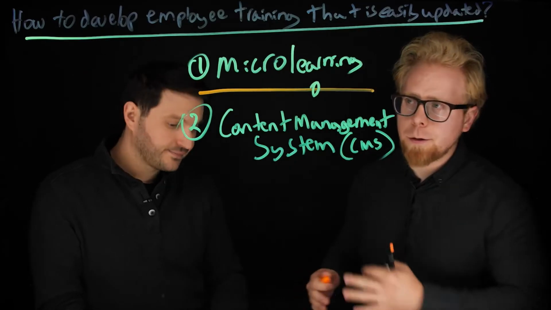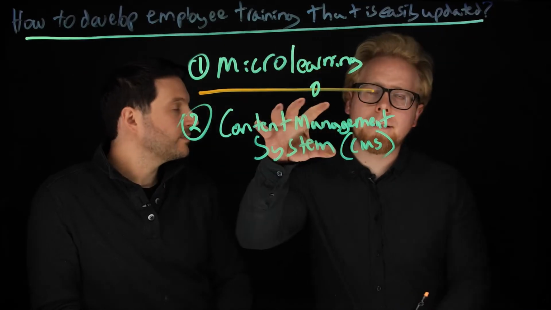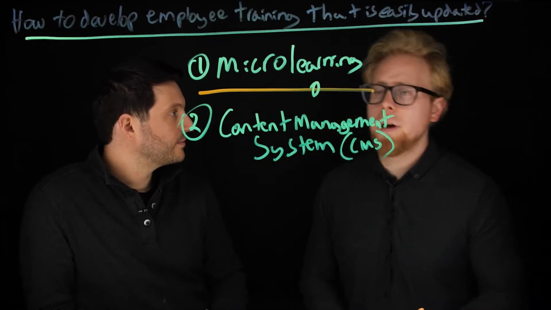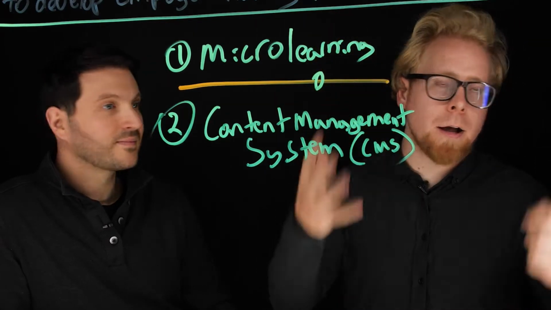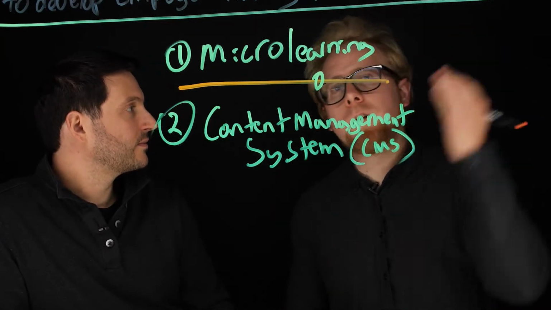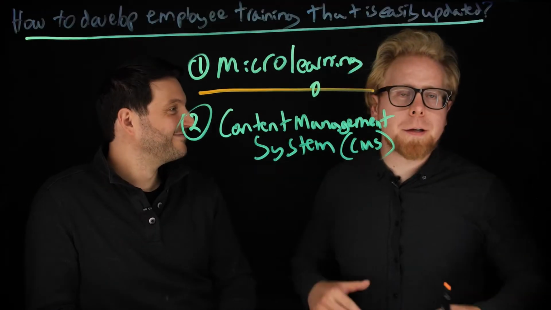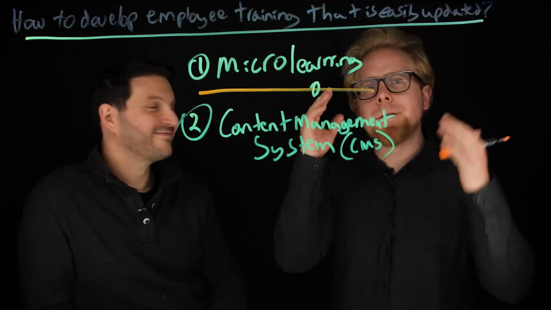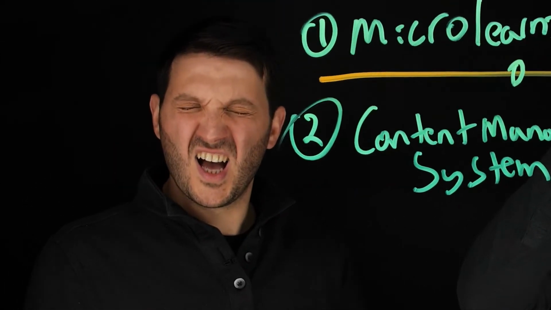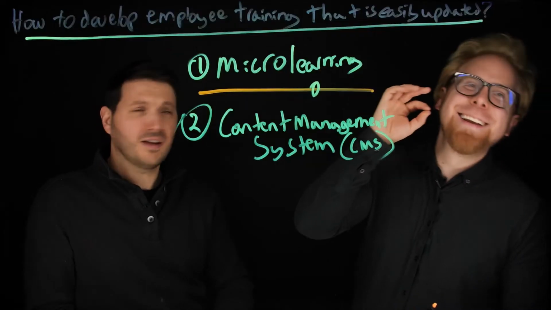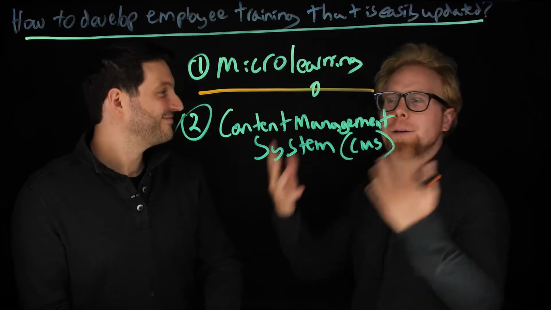The simple way to look at this is basically a detailed outline of your course. We recommend that if you're not invested in content management system software, use Google Sheets or Excel. This is what we use. We prefer it because it gives us the freedom of not having to rely on an e-learning platform and e-learning technology.